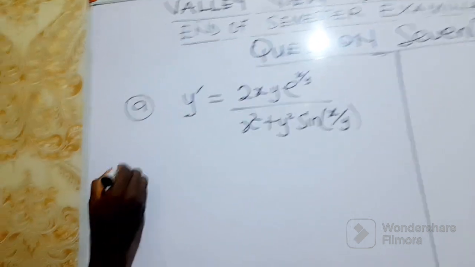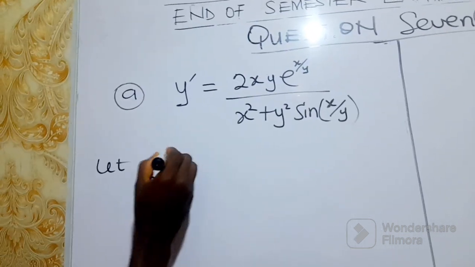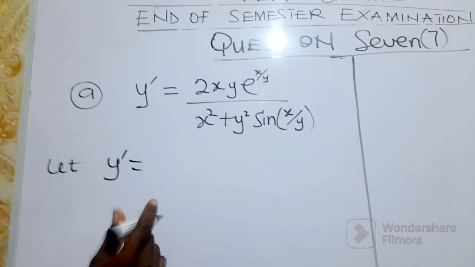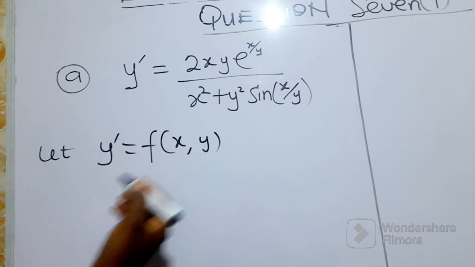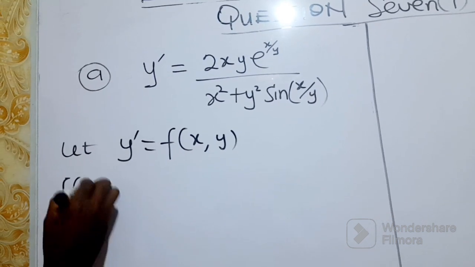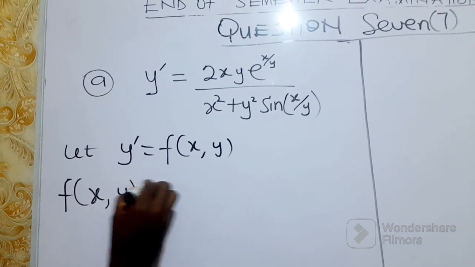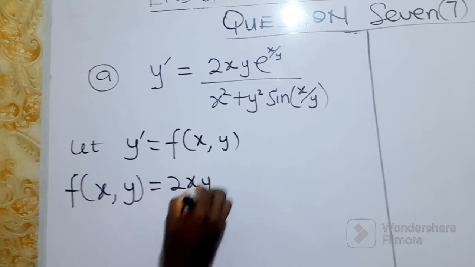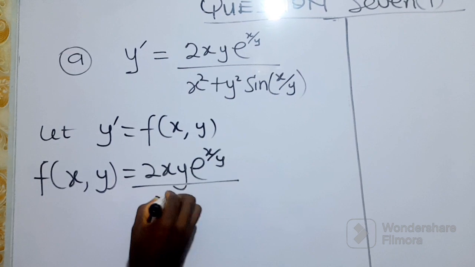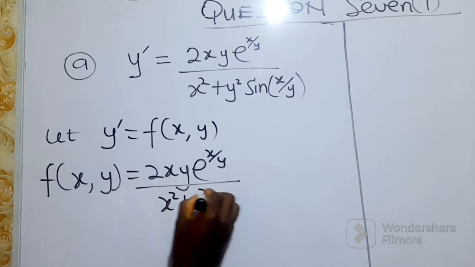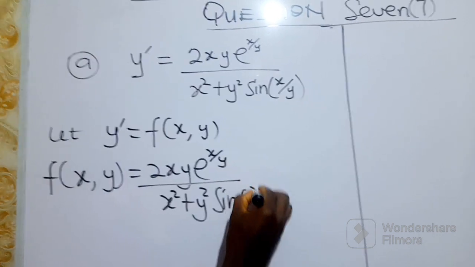So remember Euler's theory of homogeneous functions. We let our y prime be equal to a function depending on two variables. So we say a function f of x comma y is equal to 2xy e exponent x over y all over x squared plus y squared sine x over y.